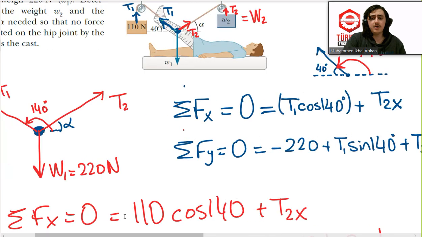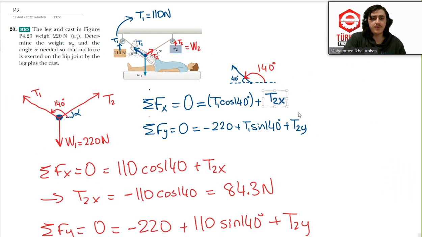So I put T2x to find just the x component of the tension, and I put here T2y to find just the y component. If I know the x and y components, I can calculate for the resultant force of T2, which is the total T2, and I can calculate for the angle by inverse tangent. So this is the idea.